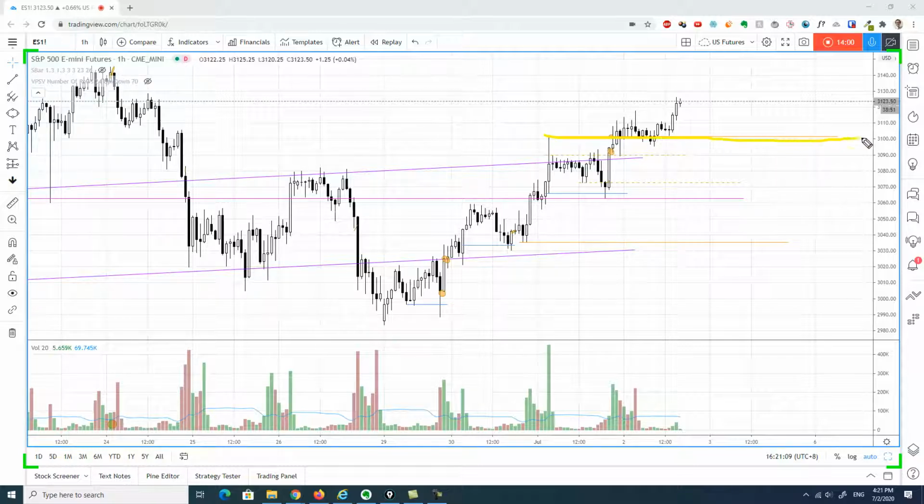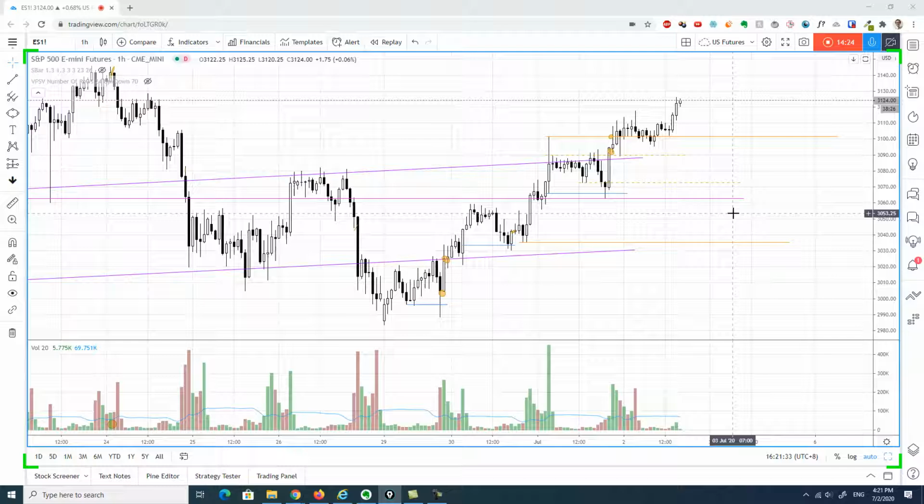That is a decent level. But apart from that, yesterday's range could become a level, so anything from maybe 3090 to around 3110 could become some levels to watch. But it really is not a big level.